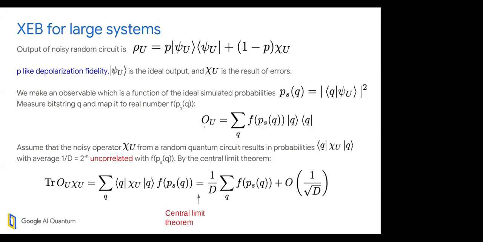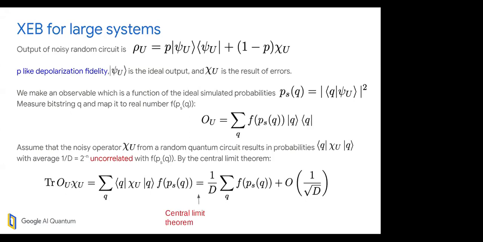What happens is that if we look at the expectation value of this observable applied to just the noisy density operator chi, where we're collecting the effect of all the errors, then we get an expression like the one on the last line. If we assume that the probabilities that we get from the noise are uncorrelated with the ideal probabilities, then we can use the central limit theorem. So we're summing a bunch of probabilities that are uncorrelated, and by the central limit theorem, what we get out of the sum is just the average value, plus some deviations that go like 1 over the square root of the number of terms in the sum.